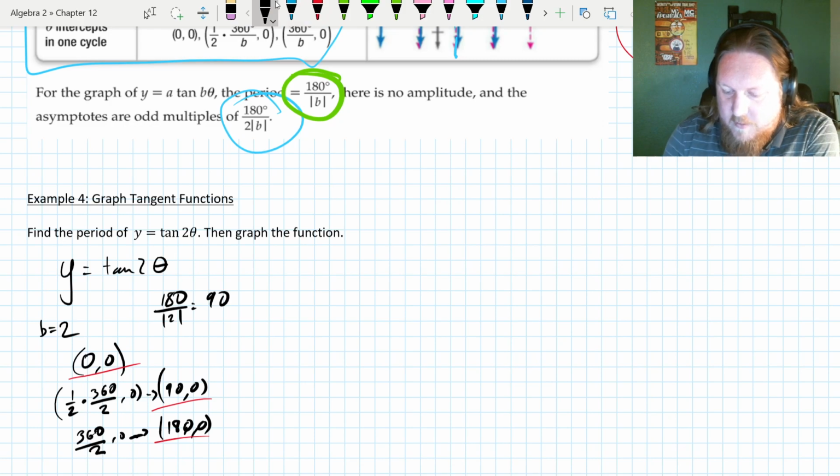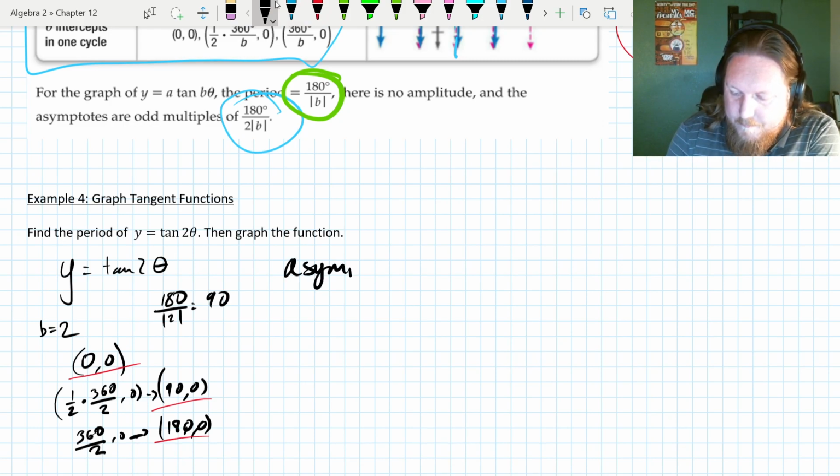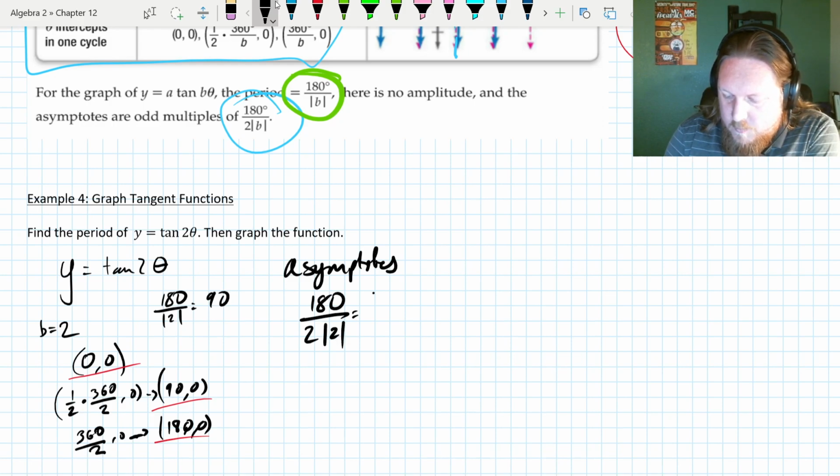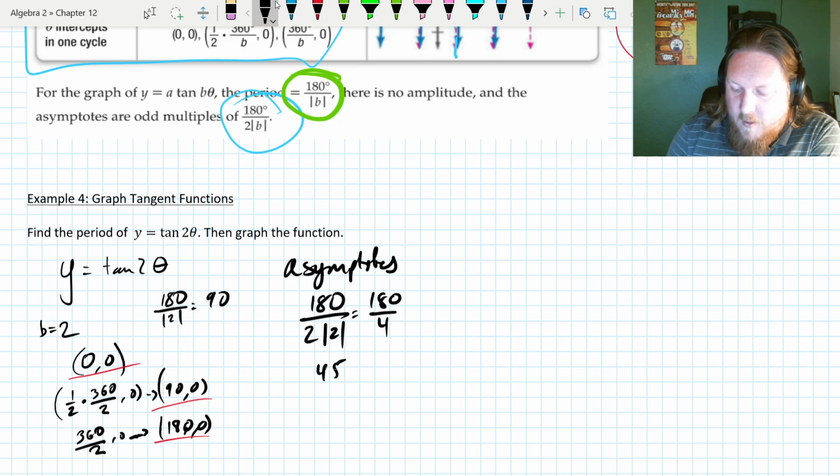I also need to figure out the asymptotes. And the way I do that is I take 180 divided by 2 times the absolute value of the b value, which is 180 divided by 4, which is 45. And now I'm going to take 45 and multiply it by 3.